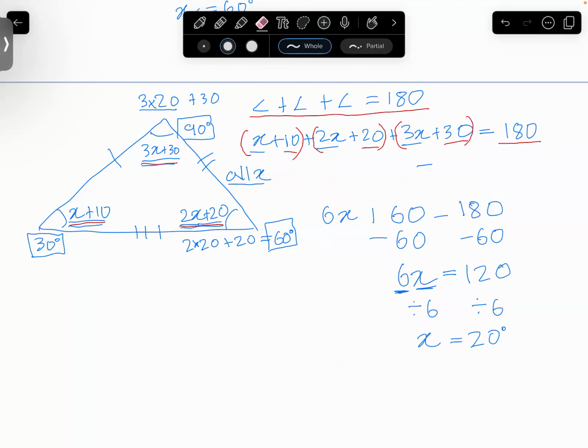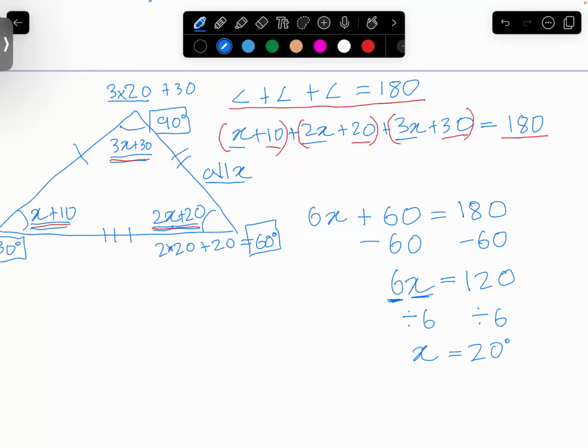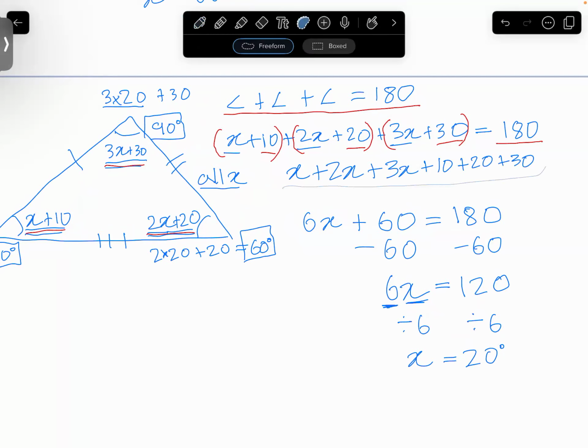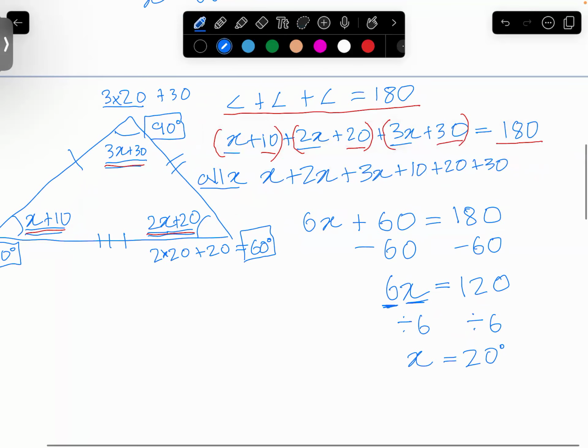So think of it like this. X plus 2x plus 3x plus 10 plus 20 plus 30, and this is equal to 180.